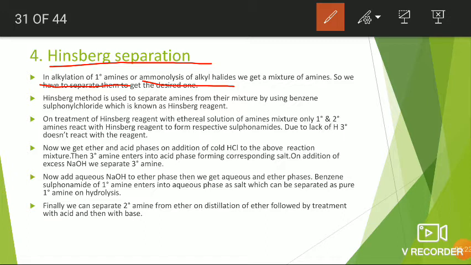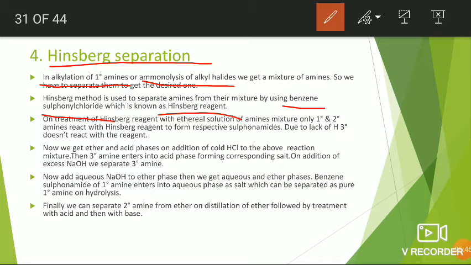Here, benzene sulfonyl chloride is generally known as Hinsberg reagent. In order to separate the desired amine from their amine mixture, we have to react the mixture with a suitable chemical reagent.